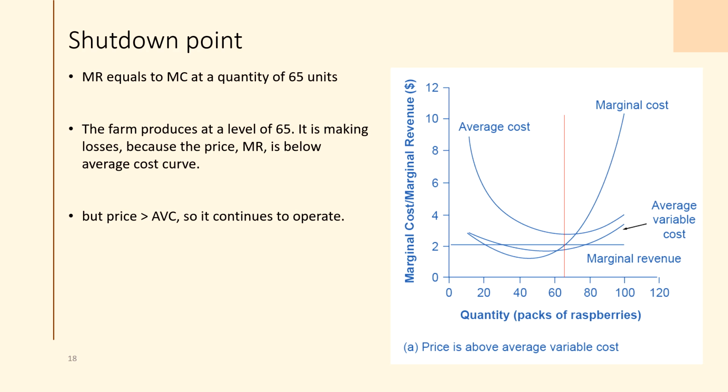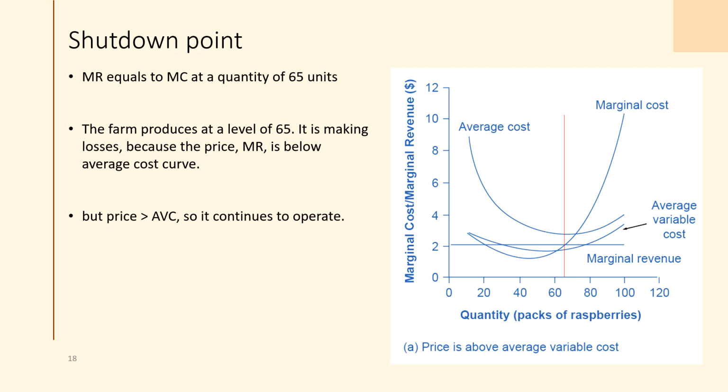In this graph, we can see that the market price is still above the average variable cost curve. This means that for each unit the firm produces, it is able to cover all of its variable costs, such as wages and raw materials. Even though the firm cannot cover its total cost, it is still covering part of its fixed cost.